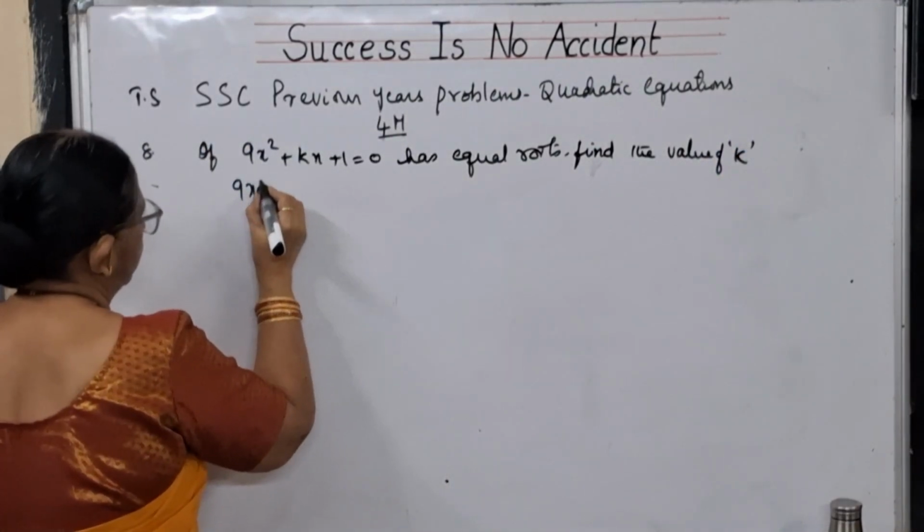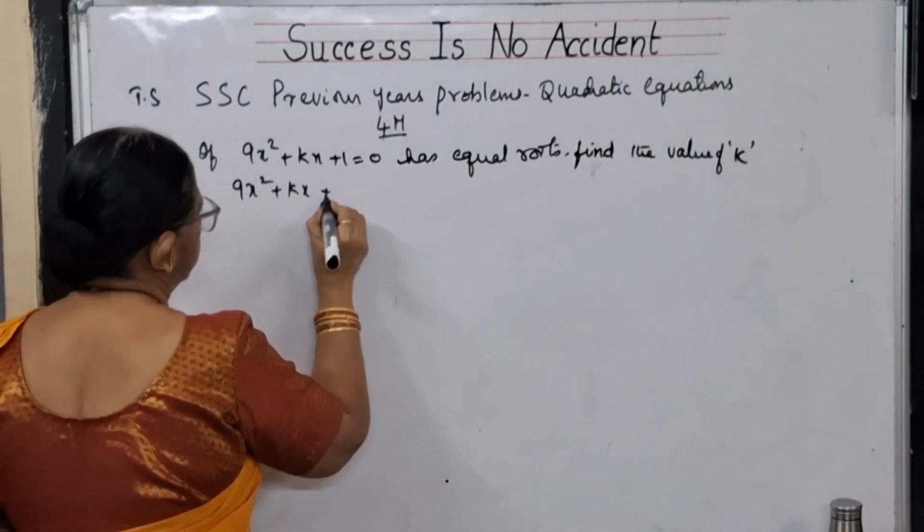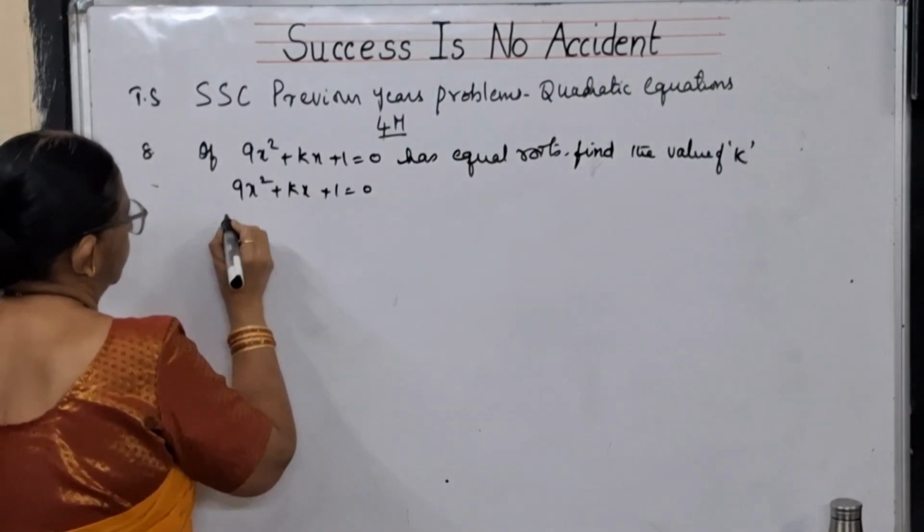So the given quadratic equation is 9x square plus kx plus 1 is equal to 0.